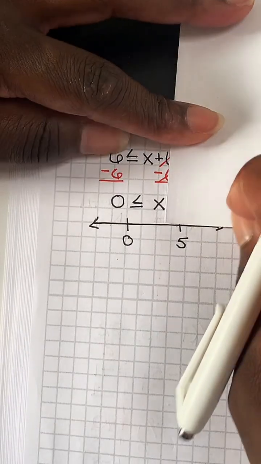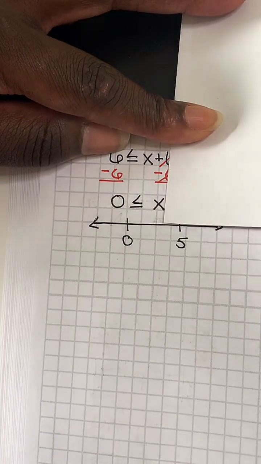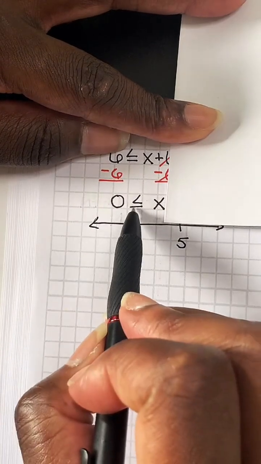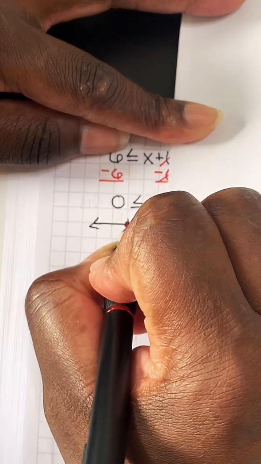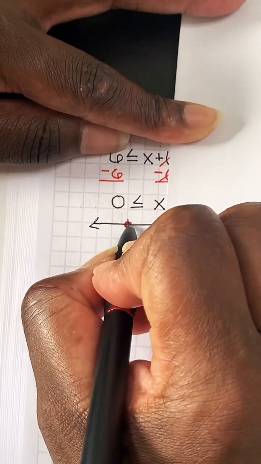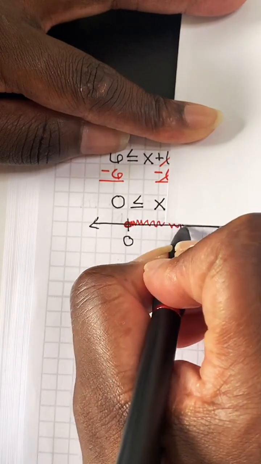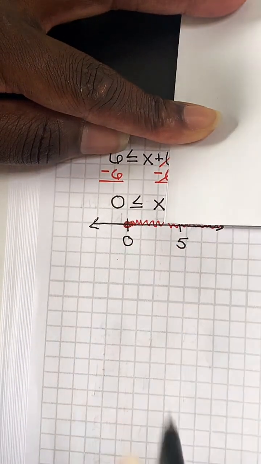So you would have, first off, a dot on the 0 because it has that equal to.